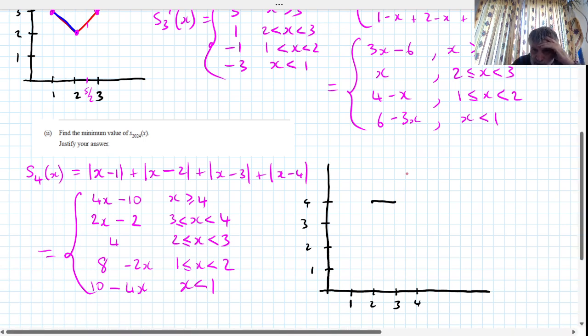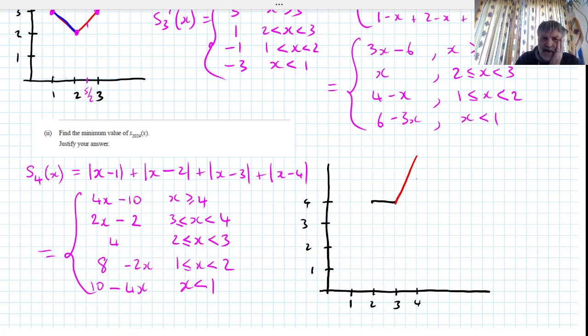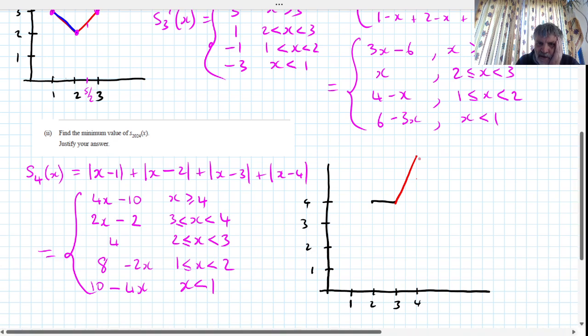And 2x, it's going to go up to this value. 4x minus 10. 4 4s are 16, minus 10 is 6, which is this value. And we're going up in 4, 1, 2.